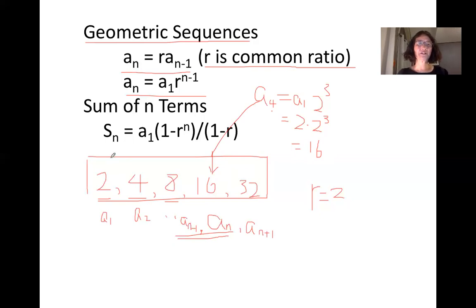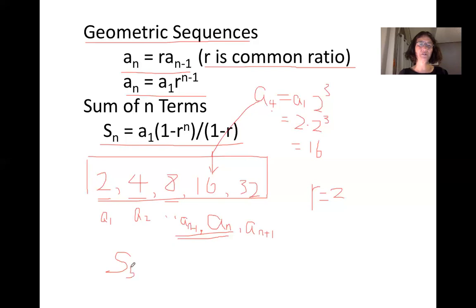If you want to add all the geometric numbers together, that is the sum of n terms formula. So for example, if you want to add this together, how many terms? 1, 2, 3, 4, 5. You have 5 terms.